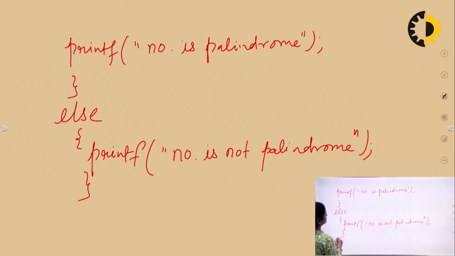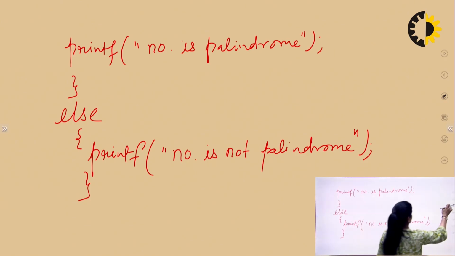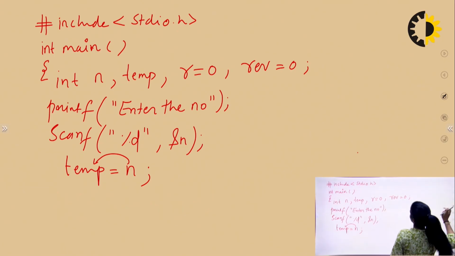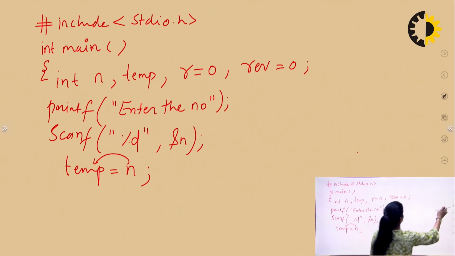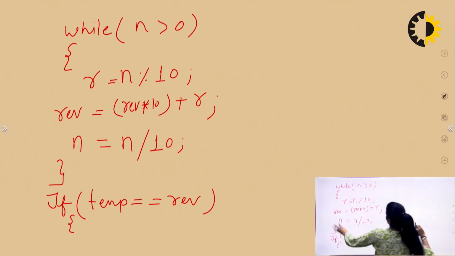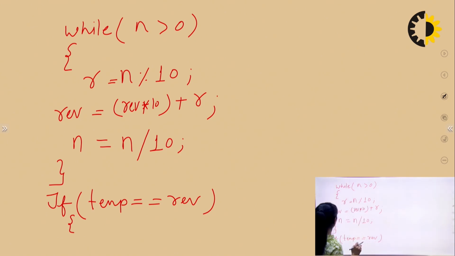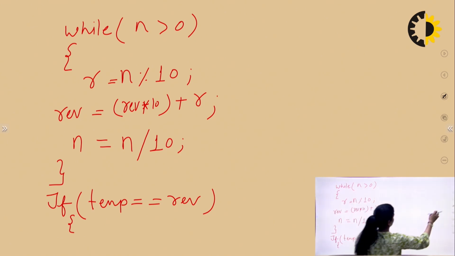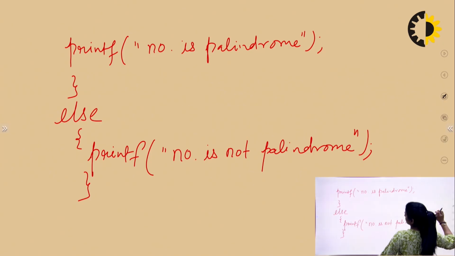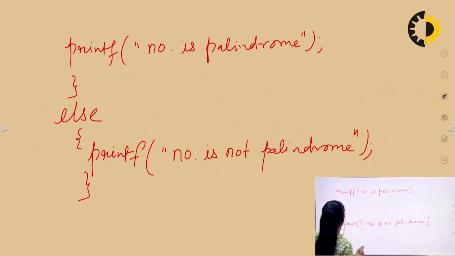Now, you can calculate your open and close curly braces. First is open, now second is open, here is close. Then if block is open, now this one is closed. Now need to be one variable which is here close.